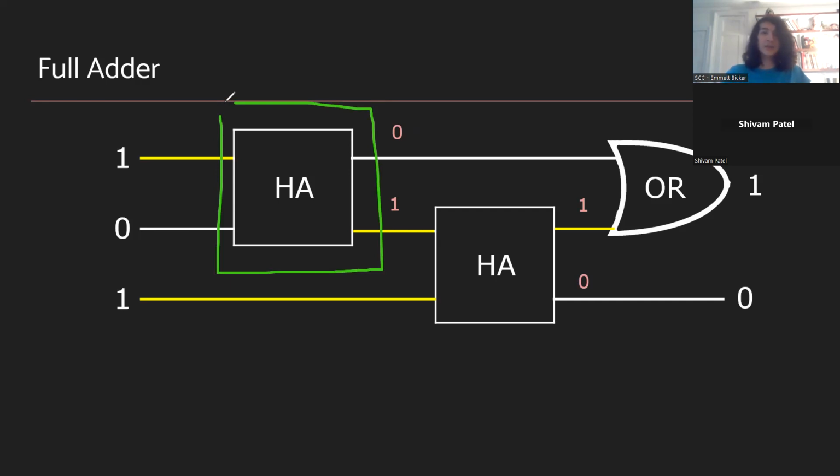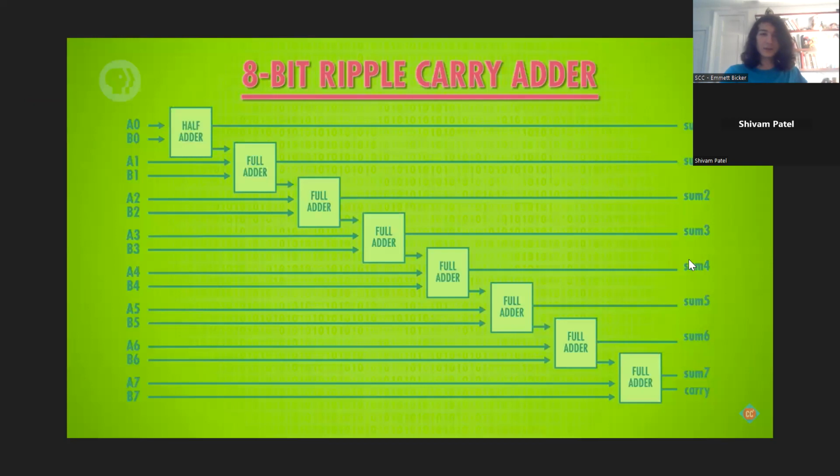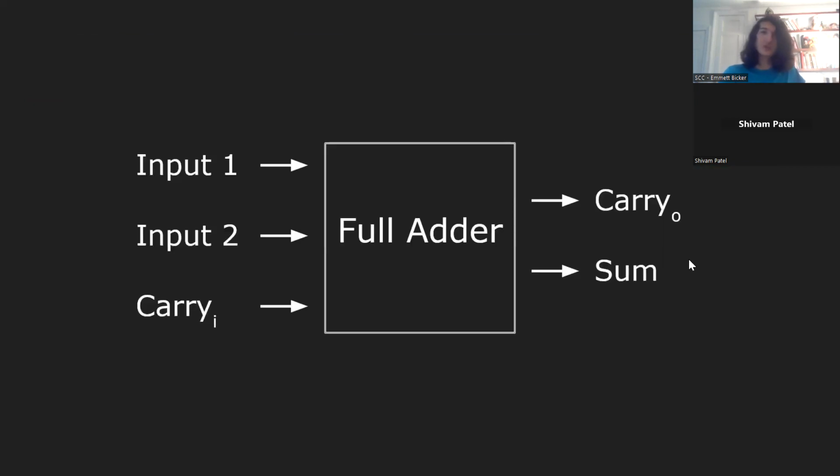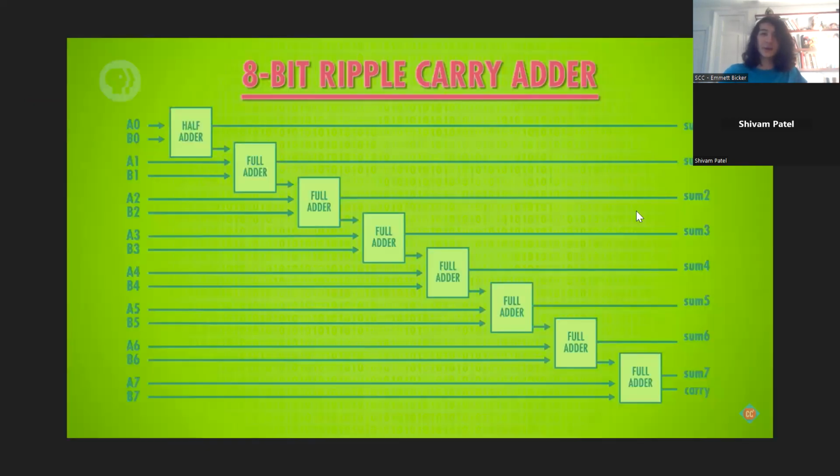So did that message get across? Oh, great. So yeah, I don't expect you to become a master of logic gate addition, but I'm really glad if you got that out of it.